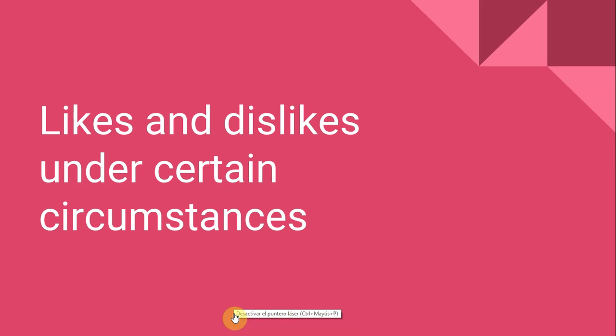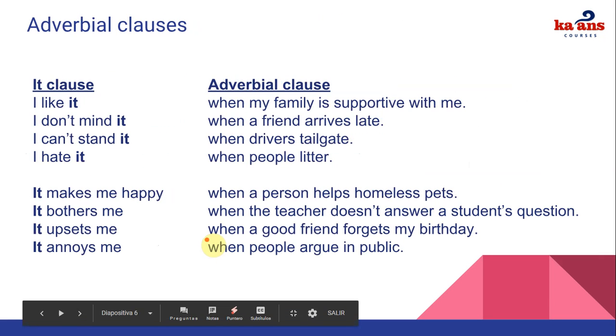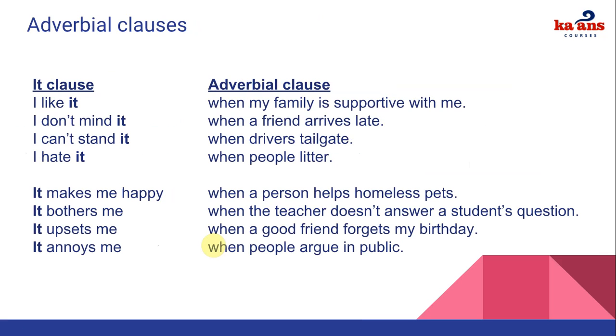So for this lesson, likes and dislikes under certain circumstances has to do with lesson 1 in the second part, where I mentioned adverbial clauses, it clauses with adverbial clauses. And even though it sounds confusing, those two terms are really easy.